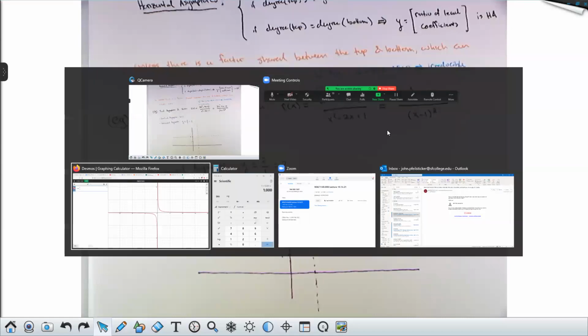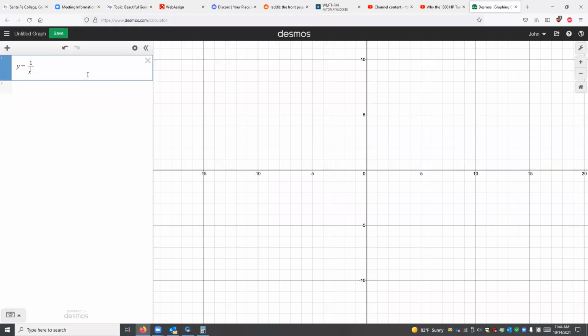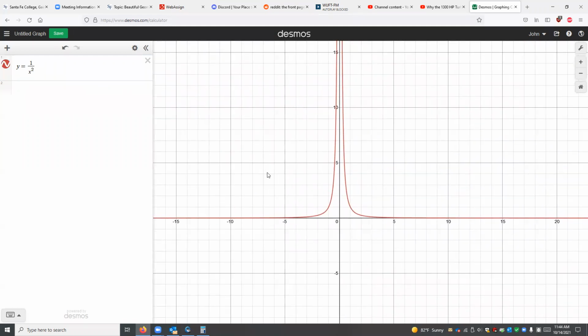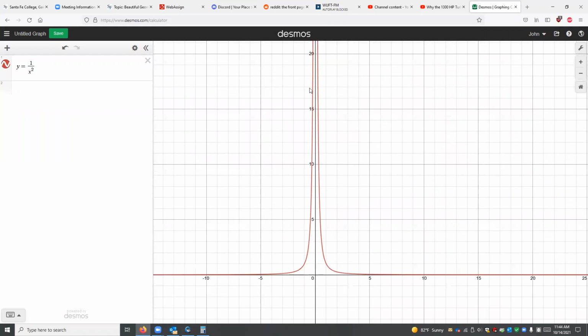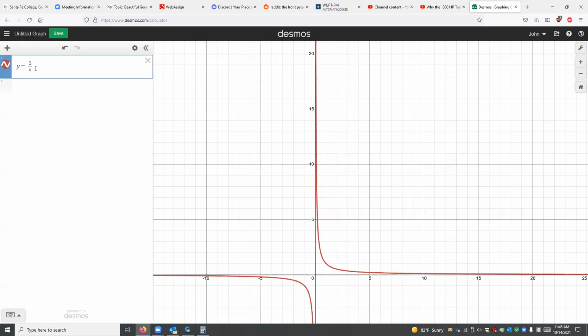Let me remind you what 1 over x squared looks like. It looks like this. So if you have a multiplicity 2 factor downstairs, then the vertical asymptote from that factor is going to look like this vertical asymptote, as opposed to like this or this.